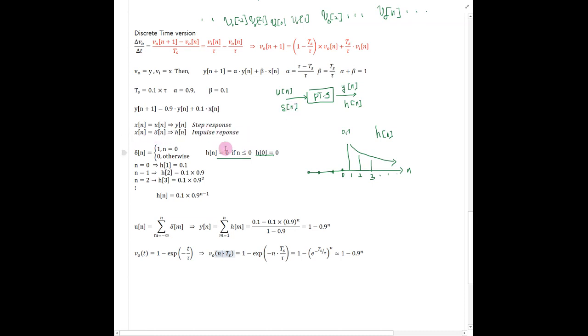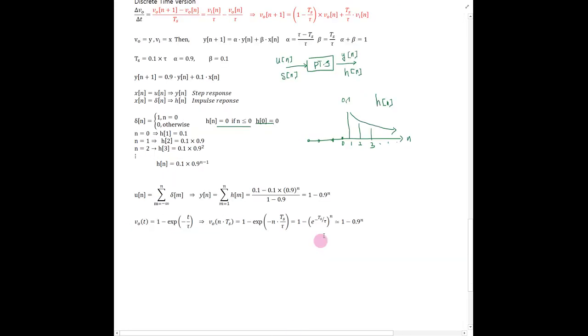We got the impulse response Hn, and from the relationship between the impulse and the unit step response, we can derive the unit step response from the impulse response. We figured out the impulse and step responses from these system equations. The last topic that I would like to mention is convolutional relationships.